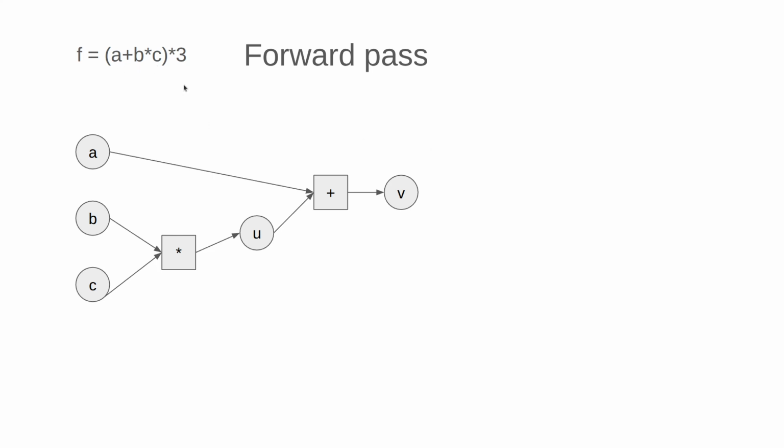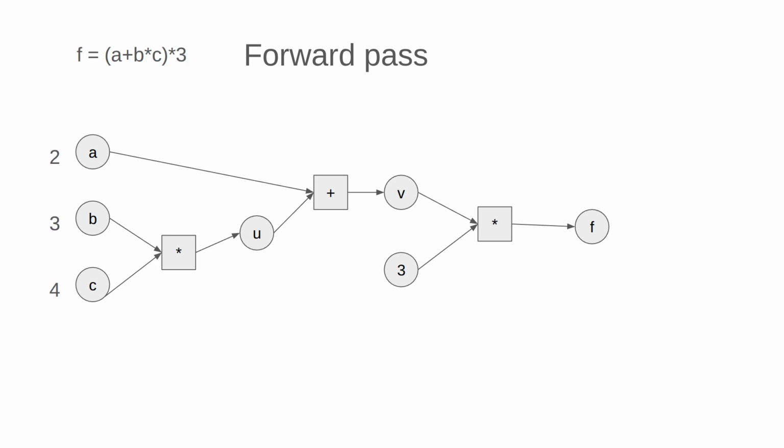And then we need to multiply it by 3. So we create a variable called 3, and the 3 and v will be the input of the multiply function here, and we assign the output to f. So this is the entire computational graph for this expression.